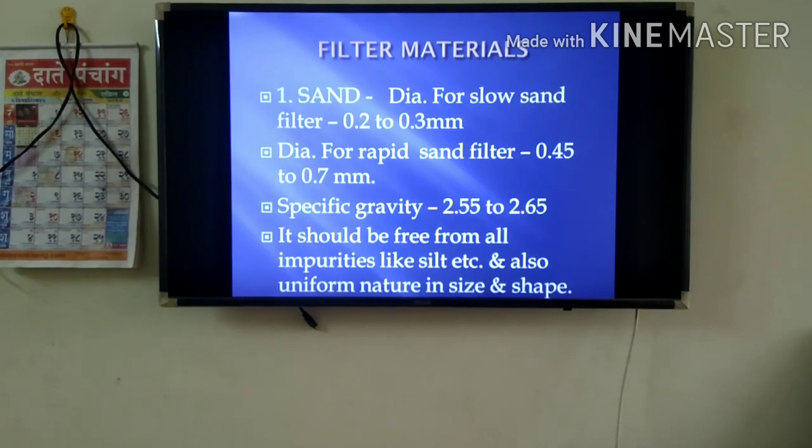The rapid sand filter has a diameter of 0.45 to 0.7 mm and the slow sand filter has a diameter of 0.2 to 0.3 mm. Specific gravity of sand is always between 2.55 and 2.65. It should be free from all impurities like silt, and also uniform in size and shape.